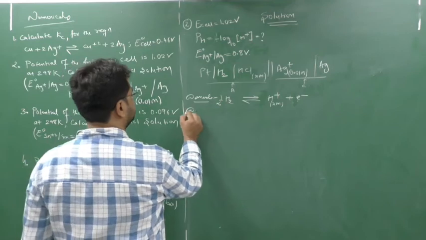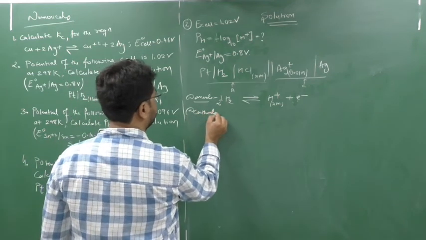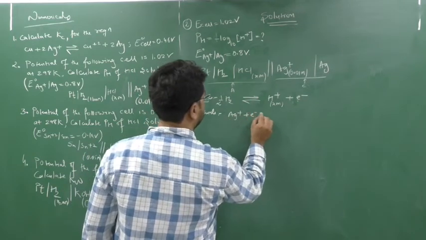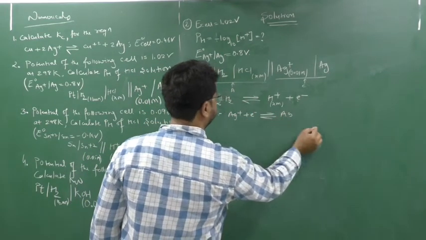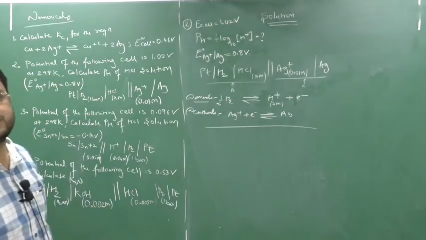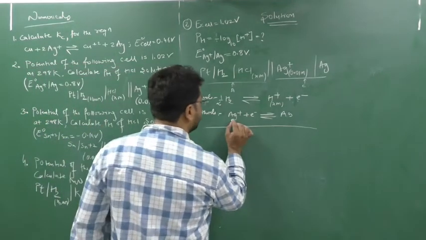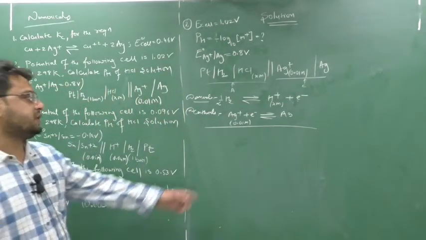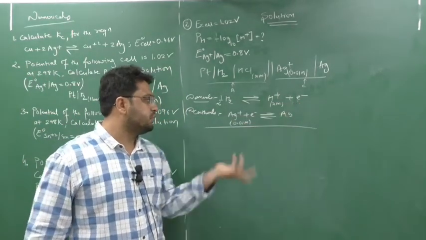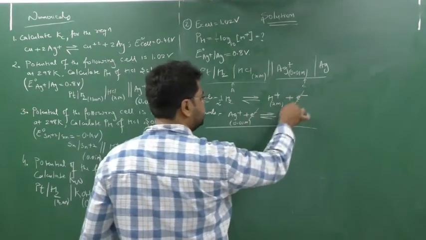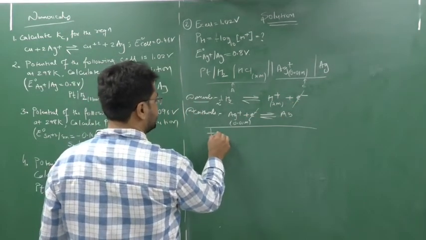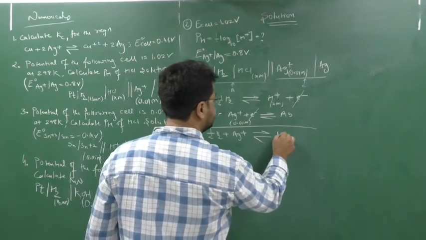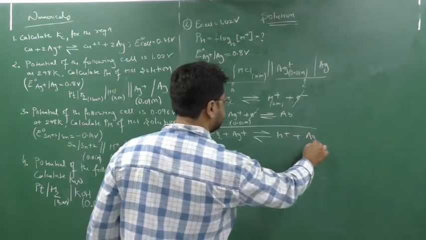At the cathode, Ag plus plus electron gives Ag, and there is a certain concentration for Ag plus, that is 0.01. Here also there is one electron, so no need to balance, just cancel it. The overall reaction you get is half H2 plus Ag plus gives H plus plus Ag.